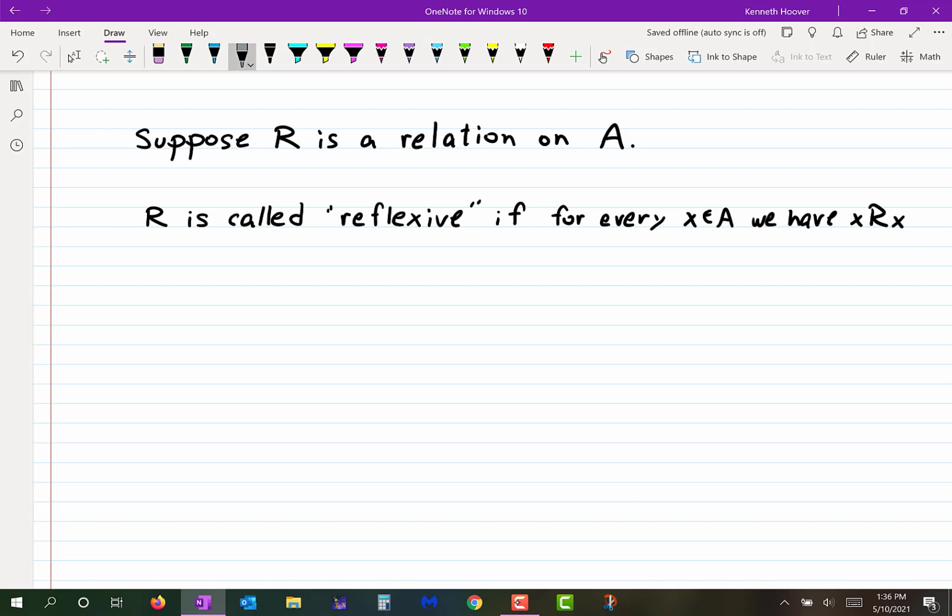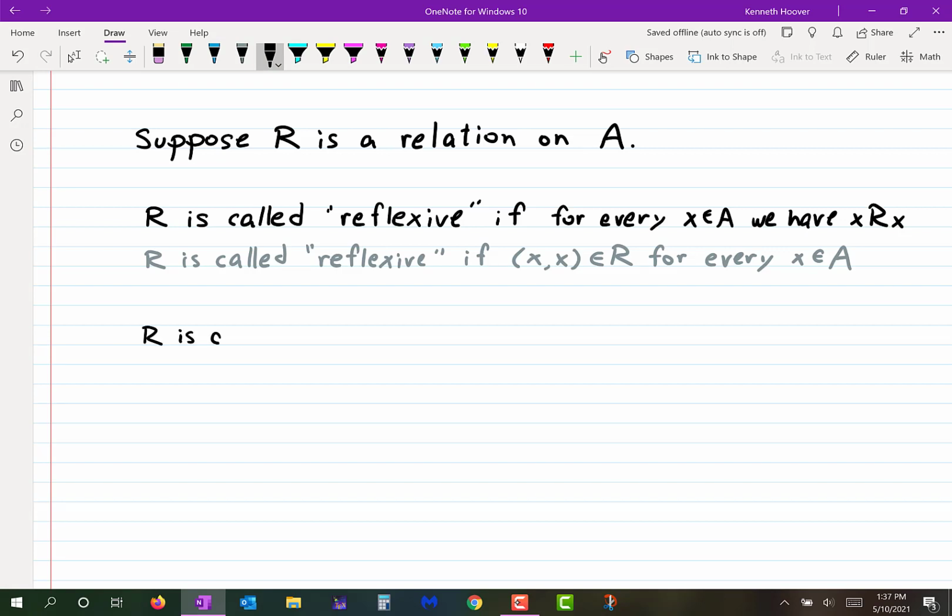Another way of saying that is to say R is called reflexive if the ordered pair (x, x) is an element of R for every x in A. So that's reflexivity.